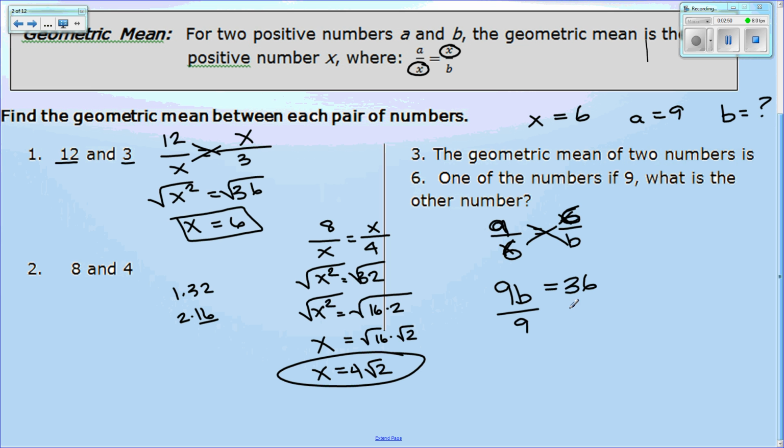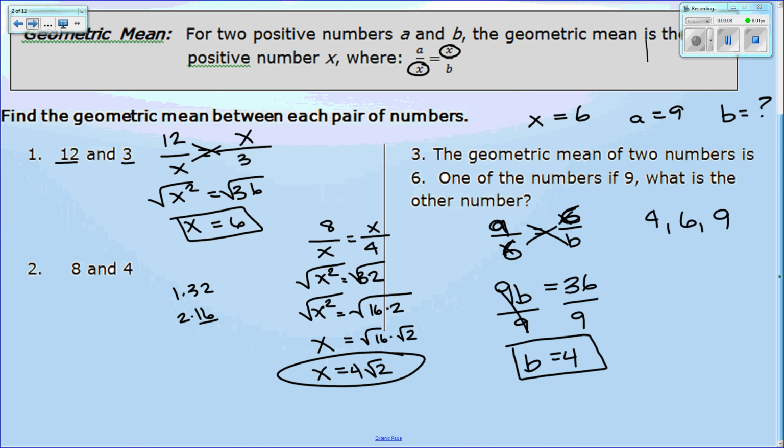Divide both sides by 9. You just follow the same formula. So B is 4. So if your geometric mean is 6 and one of the numbers is 9, the other number is 4. So you have the numbers 4, 6, and 9.